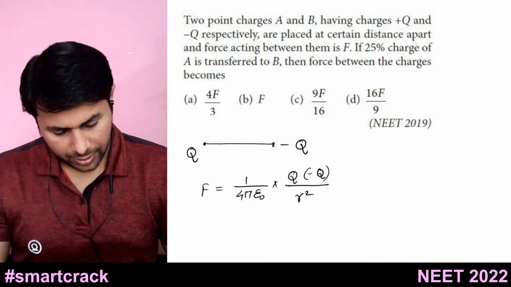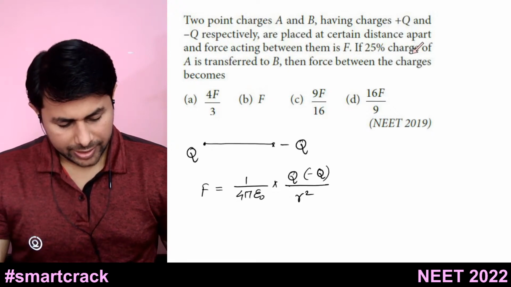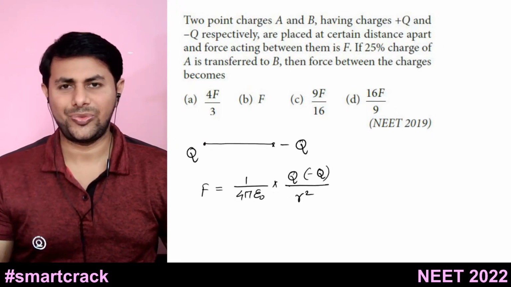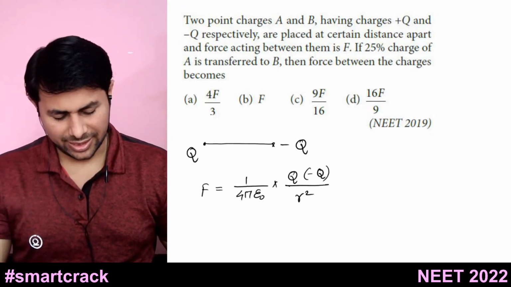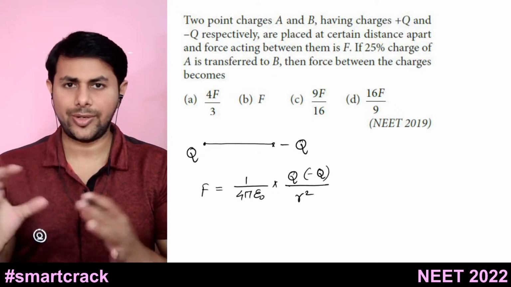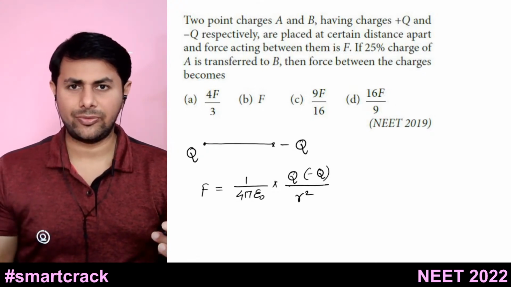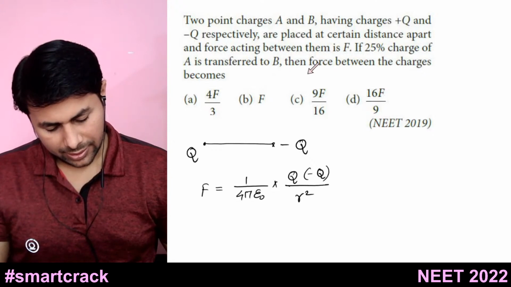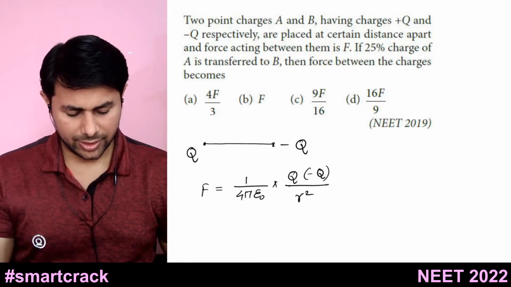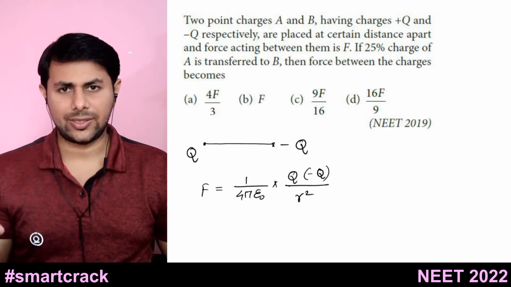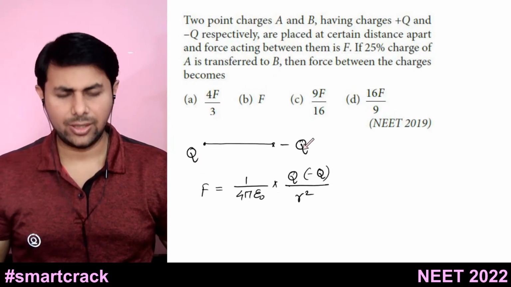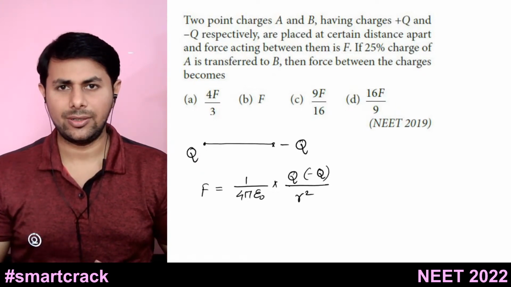Then if 25% charge of A is transferred to B, so 25% charge from A is transferred to B. So from plus q to minus q we have transferred 25% of charge. Then the force between the charges becomes, so this is a very simple question. See, if 25% charge, so 25 by 100 of q, is transferred to minus q, what will happen?